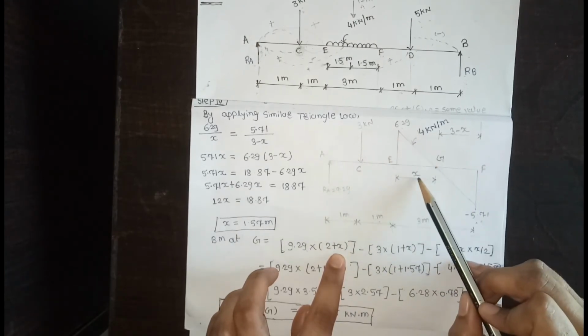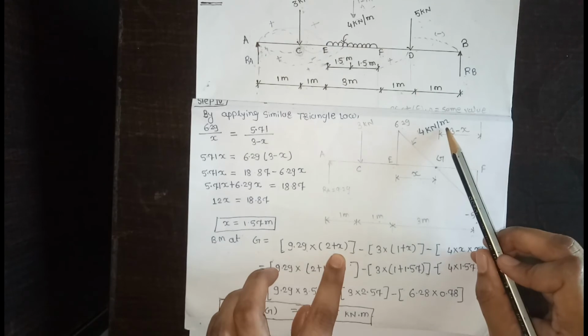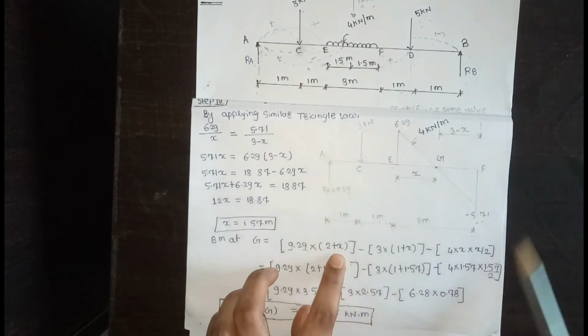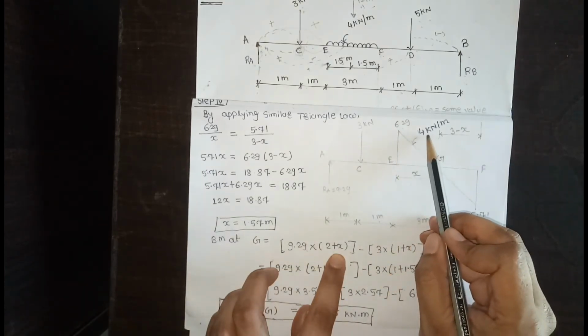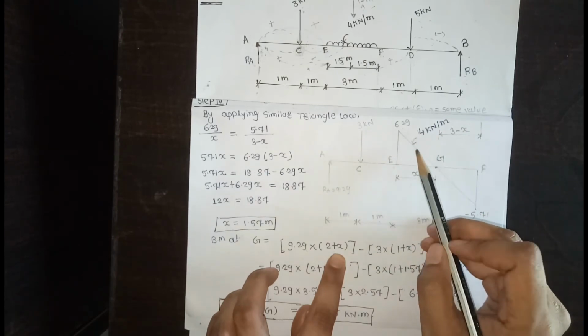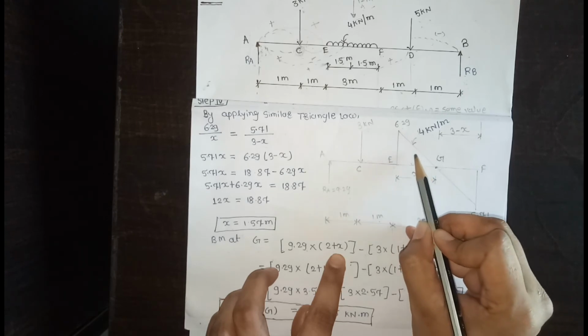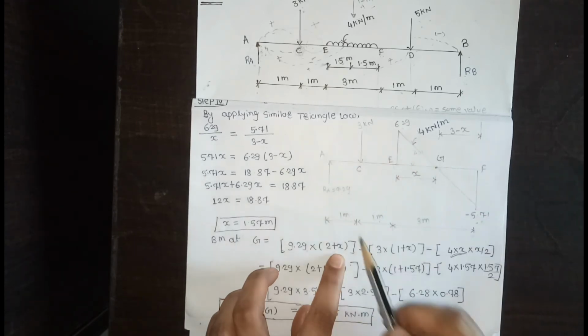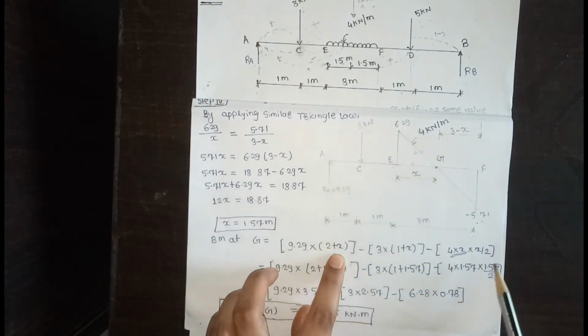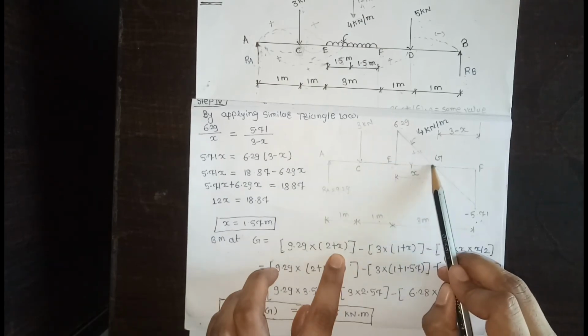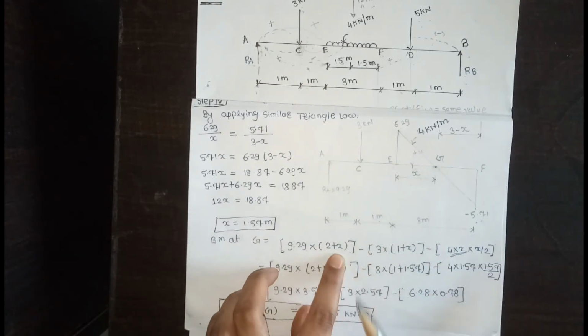So 4 into x, means 4x is the equivalent point load, located at the midpoint of the span, into the perpendicular distance x by 2. This is the perpendicular distance from this point to this point.